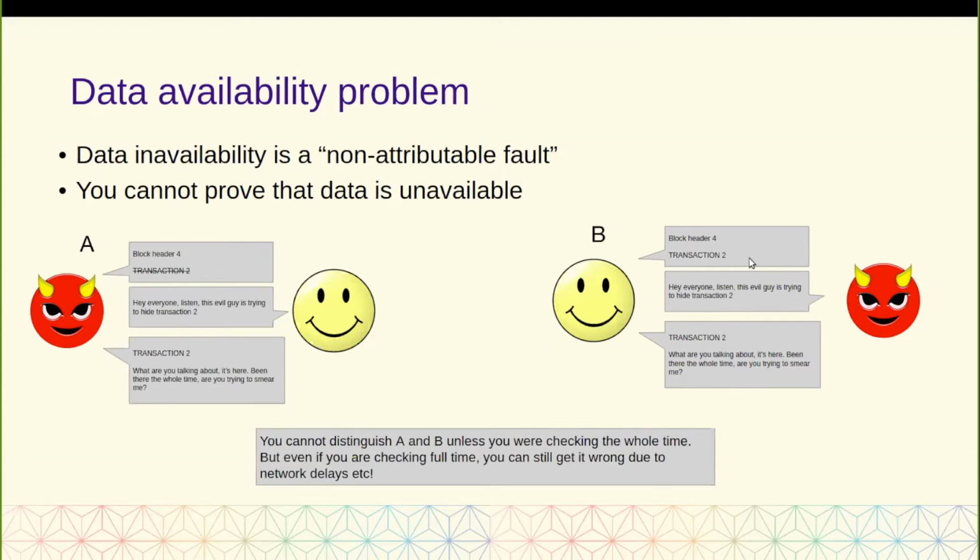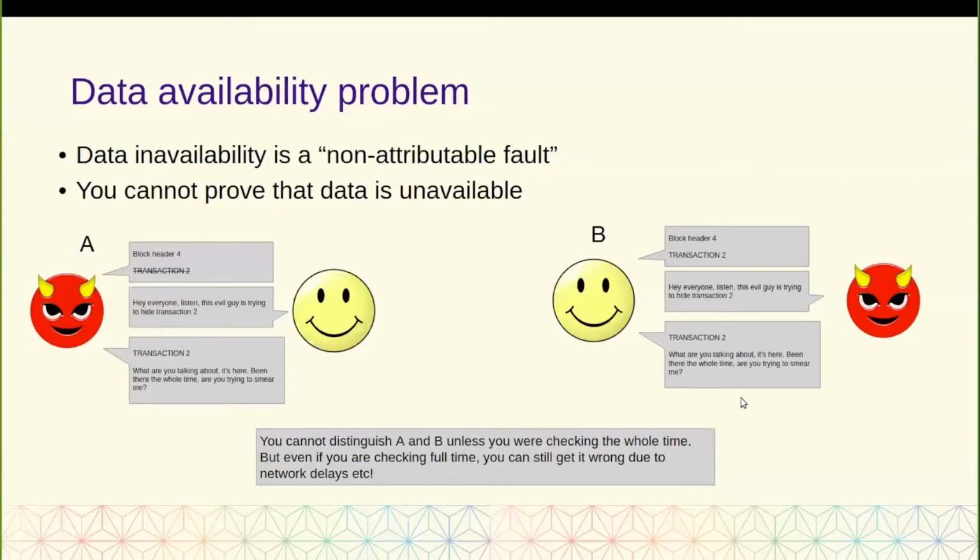And now in situation B, we look at the same thing, except that this time, it's actually the one who created this block was the good guy, and he did include the transaction. But now the one who warns is the evil guy, and he still says, hey, it's not there. So he's lying. And once again, afterwards, the first guy says, hey, what are you talking about? It's there.